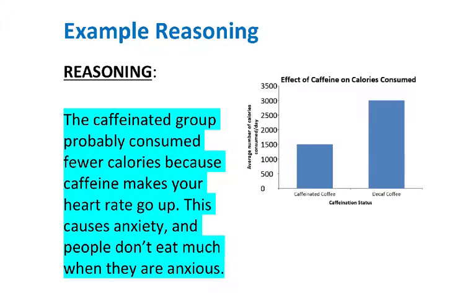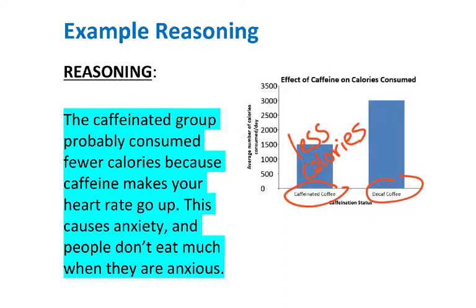So here we have that same graph. Again, we've got our caffeinated coffee down here, our decaf coffee over here. The caffeinated coffee group consumed less calories per day. So same results here, but now I need to provide my reasoning.